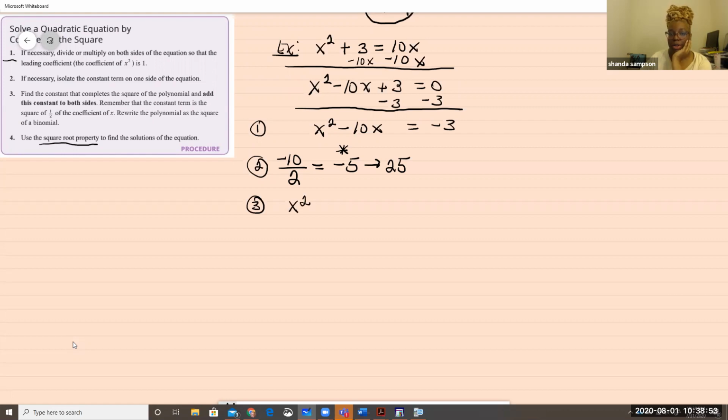So I have x squared minus 10x plus 25 is equal to -3 plus 25. Now this is going to leave us with (x - 5) squared, which is equal to what? 22.